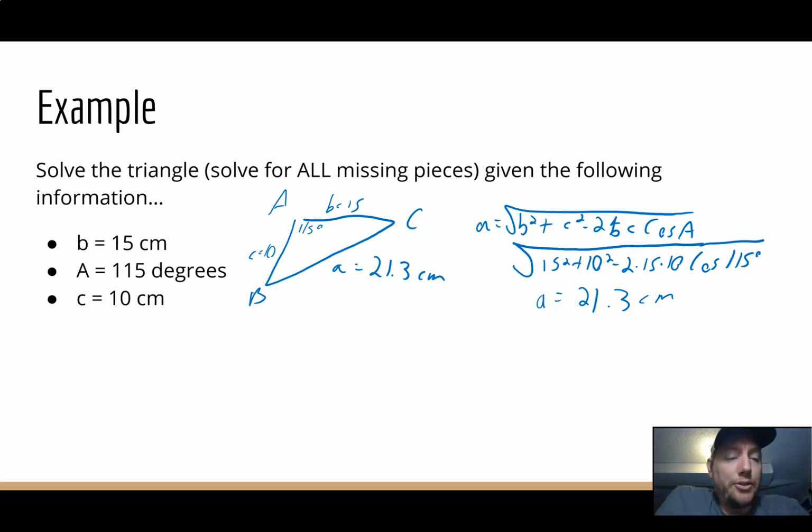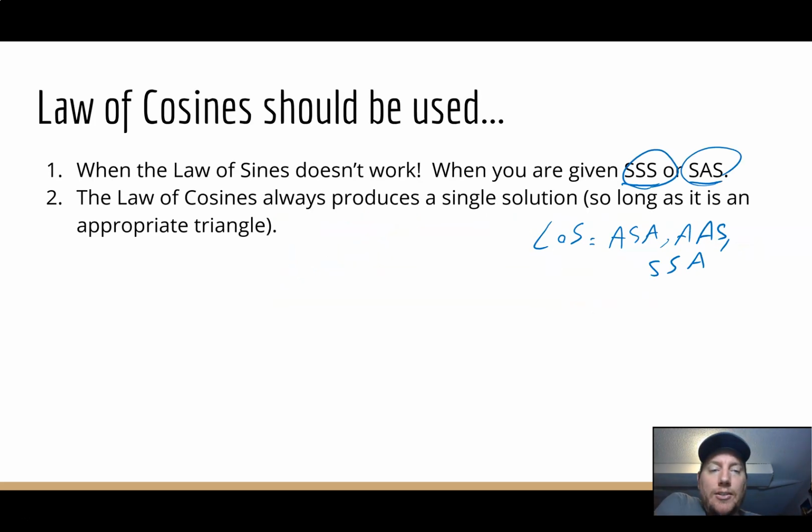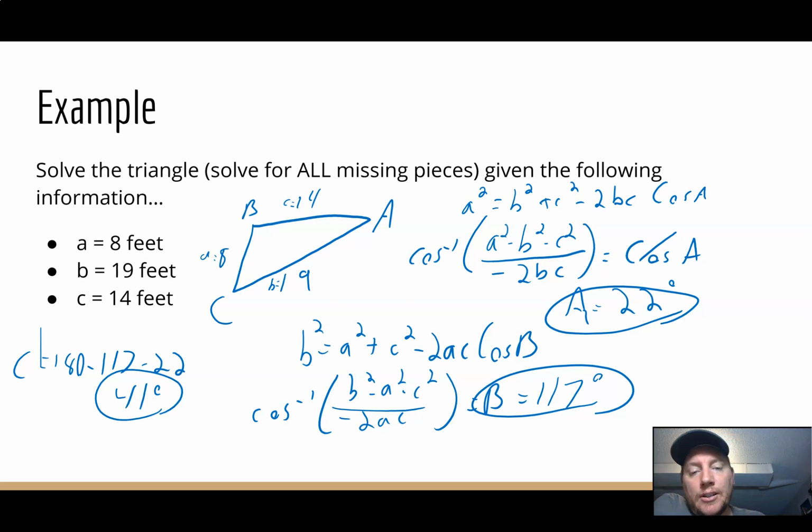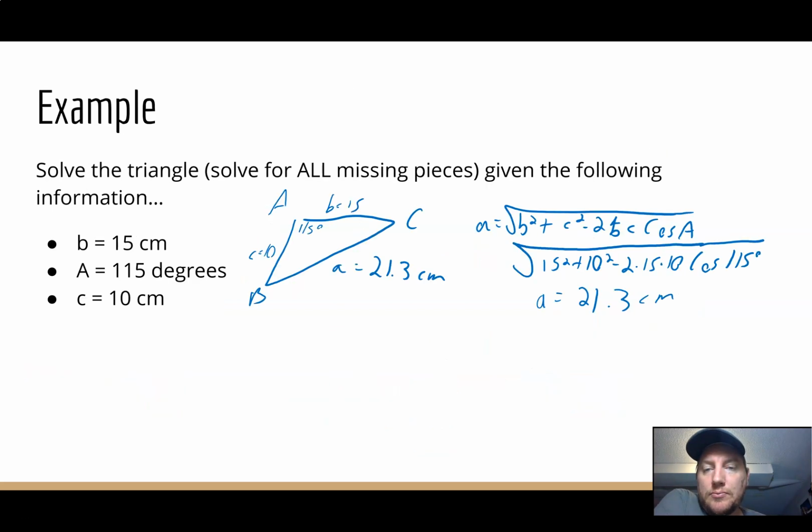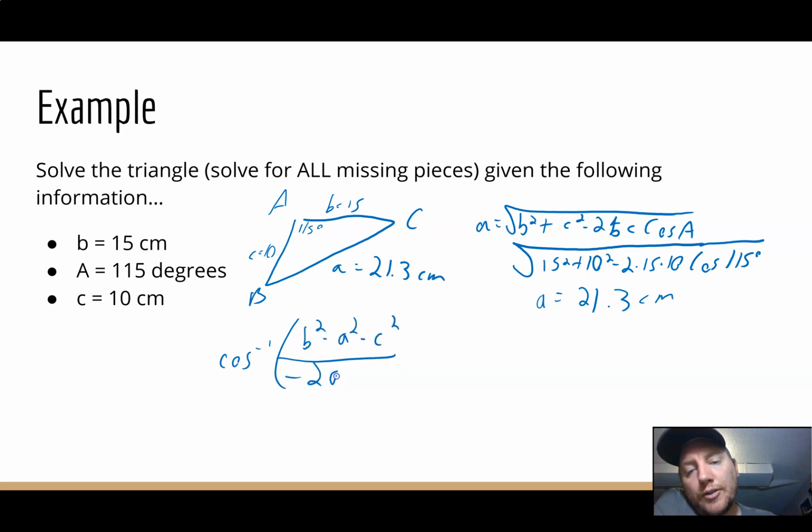Now, I need the two angles. I don't have two angles to solve for the third yet, so I still have to go ahead and do a law of cosines. I can do the B or the C. I'm just going to do the B since I have it right here. Inverse cosine of B squared minus A squared minus C squared, all over negative 2AC.